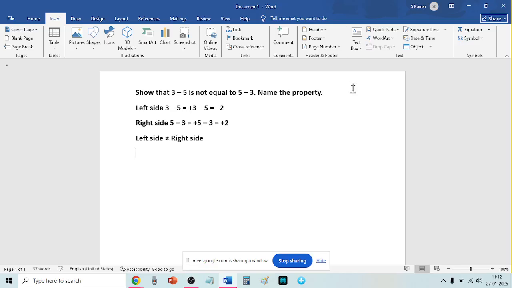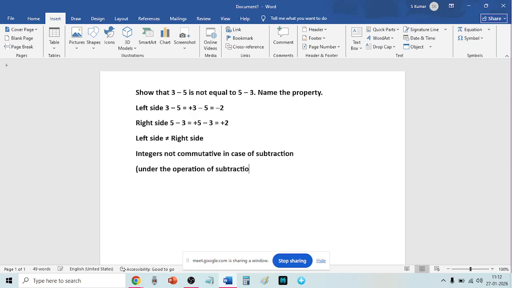Integers not commutative for subtraction, or in case of subtraction. Actually, the correct term is under the operation of subtraction. We write in short, but the correct term should be under the operation of subtraction.